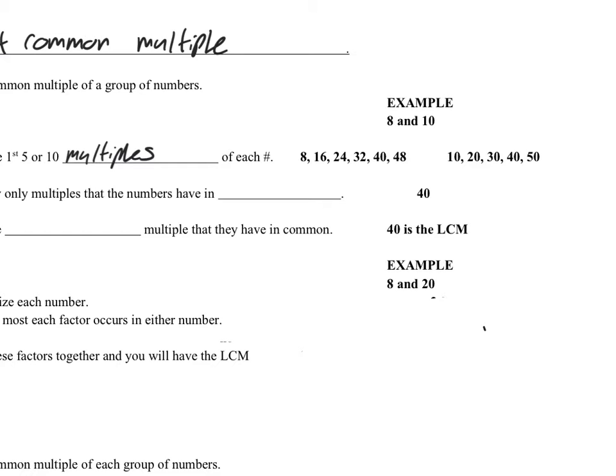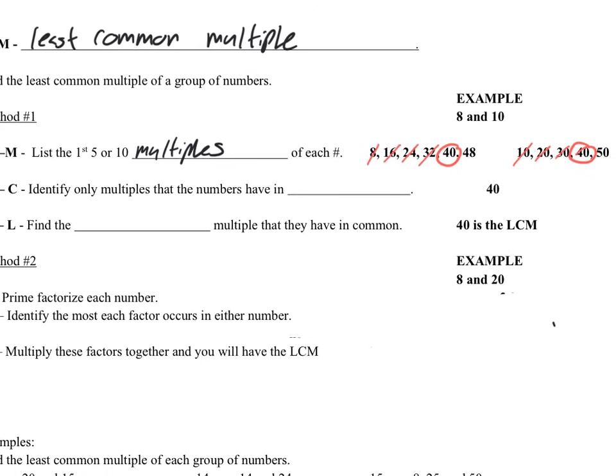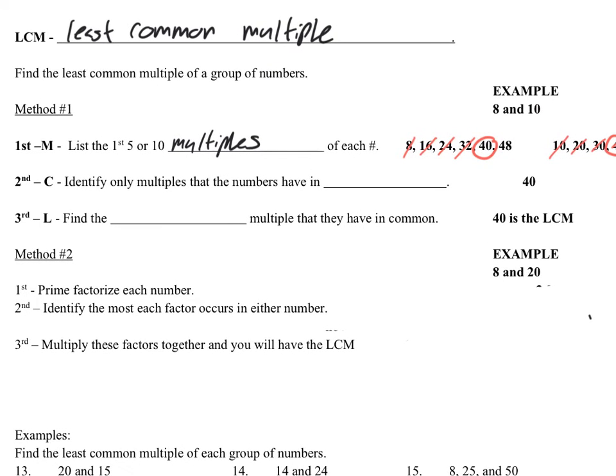They do not both have 8 in common, the other one doesn't have 16, 24, 32. But when I look at 40, they both have that in common. 10, 20, 30, they don't have those in common. So 40 is the smallest multiple that both of these numbers have. We're simply going to identify only multiples that they have in common and then find the least of those, and we get an LCM of 40.